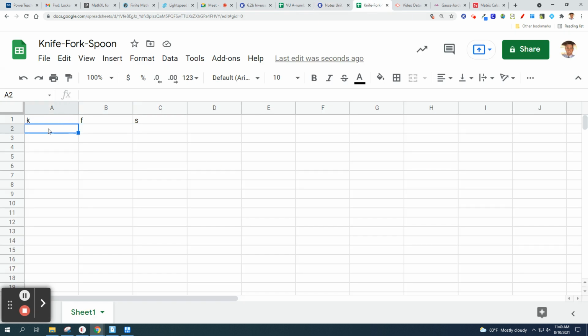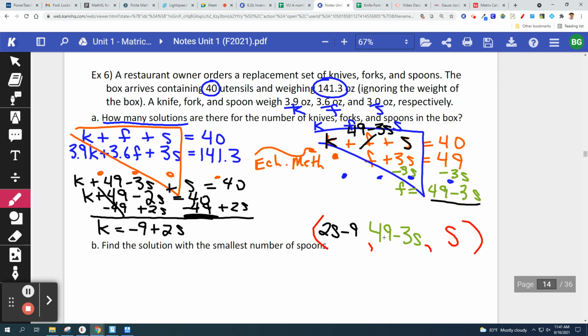So what I'm going to do under here is say equals 2 times, this would be the number of spoons, minus 9. Right now that says minus 9 because it's assumed that this is 0. But if I put that as 5 or 8 or whatever. So let's look at the number of forks. The number of forks says 49 minus 3 times the number of spoons.